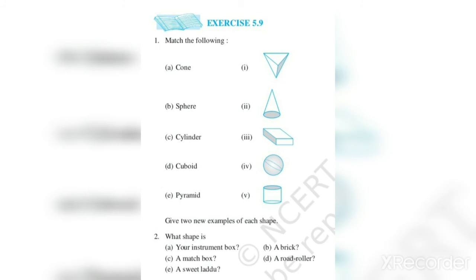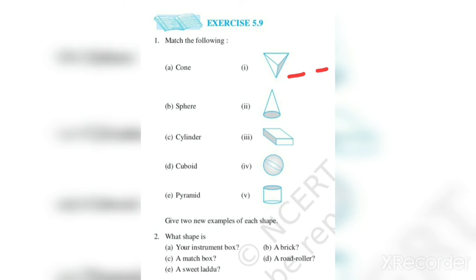After solving that activity of page number 110, solve exercise 5.9. In question 1, you have to match the diagrams with their names: cone, sphere, cylinder, cuboid and pyramid. And you have to give 2 new examples of each shape. So you can write the examples here. And in question 2, what shape is your instrument box?